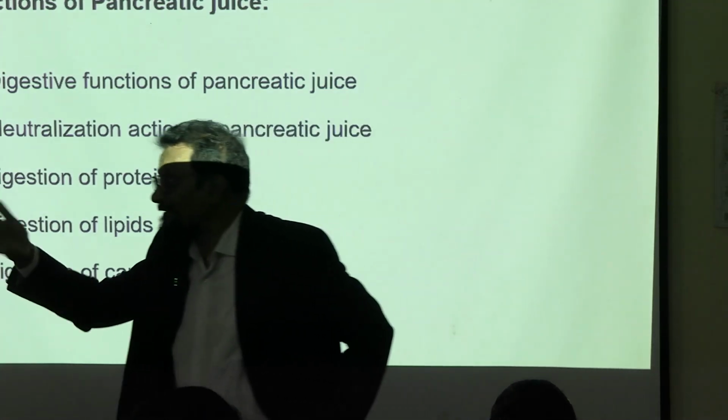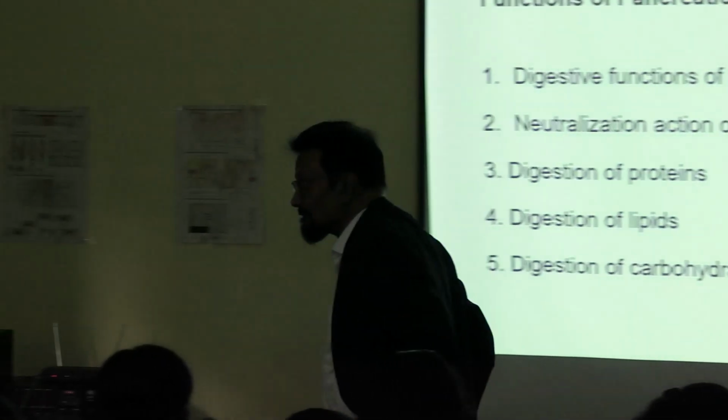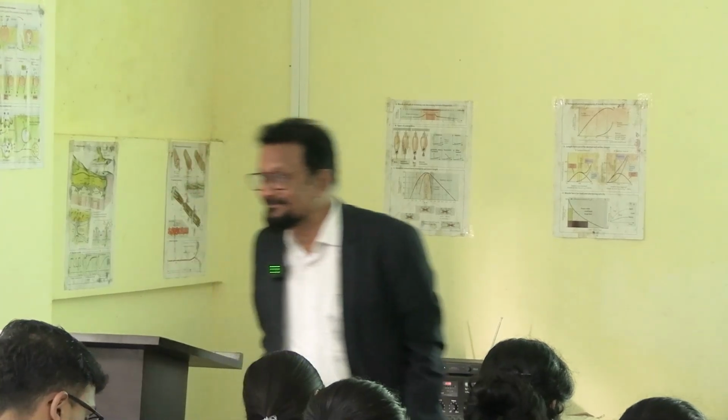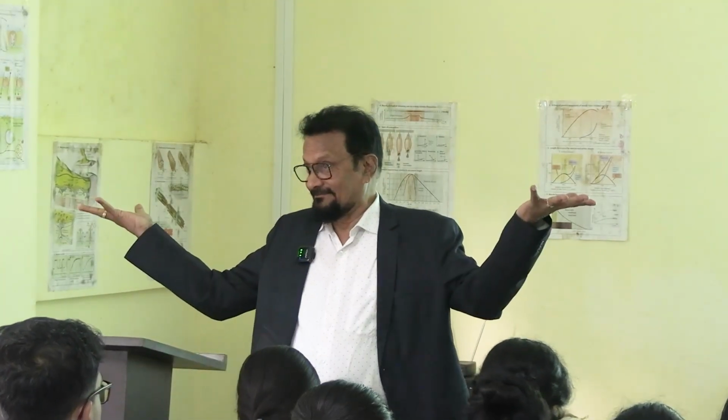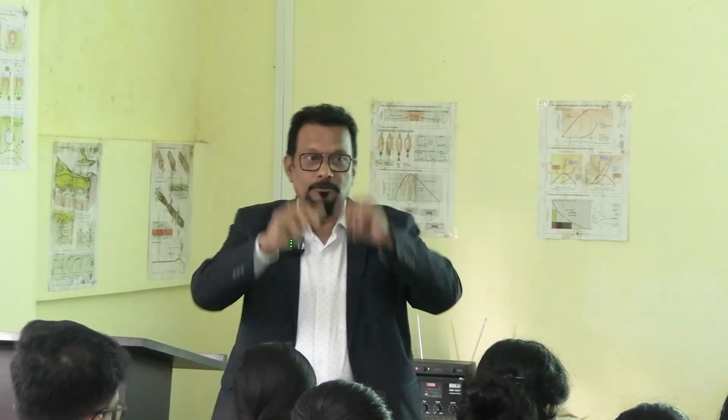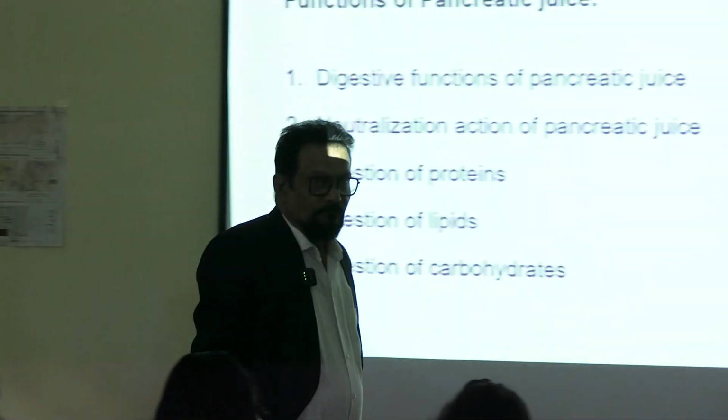And you are getting a lot of acetyl coenzyme A, and all these acetyl coenzymes are not required for my energy needs. Some acetyl coenzyme A is in excess. What will I do with this excess acetyl coenzyme A?